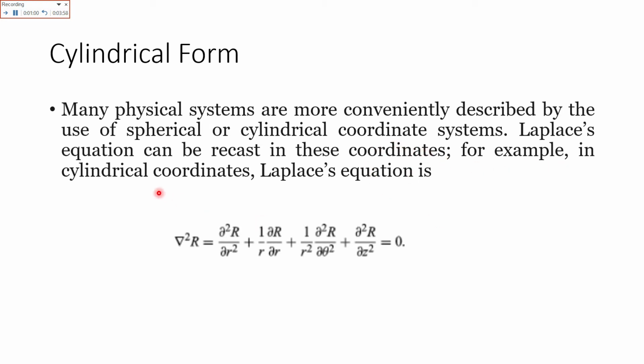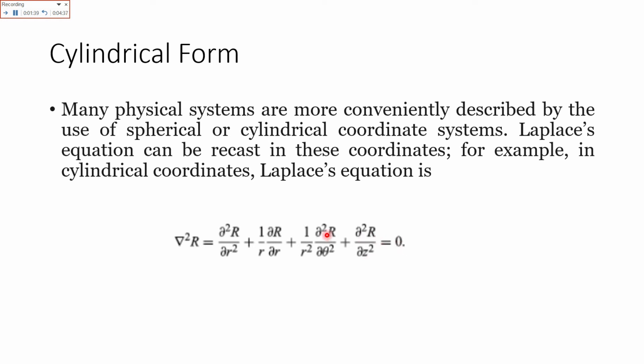For example, in the cylindrical coordinate system, the Laplace equation takes the form del square R is equal to del square R over del r square. Here in the cylindrical system, r, theta and z are the variables. So del square R over del r square plus 1 over r del R over del r, where the capital R represents the function and small r represents the variable, plus 1 over r square del square R over del theta square plus del square R over del z square, that is equal to 0.